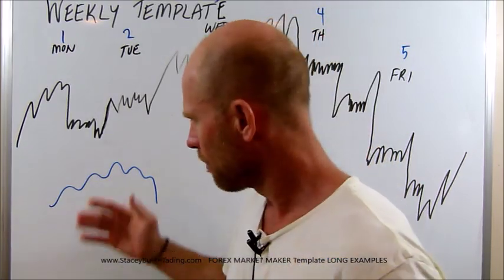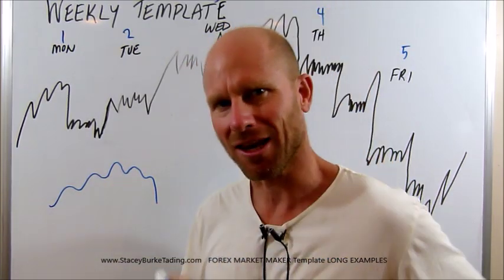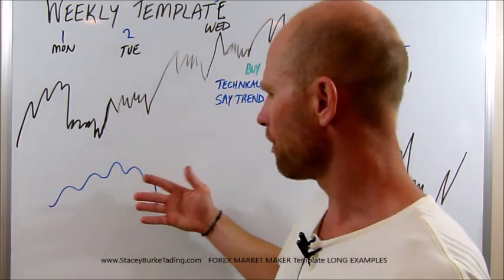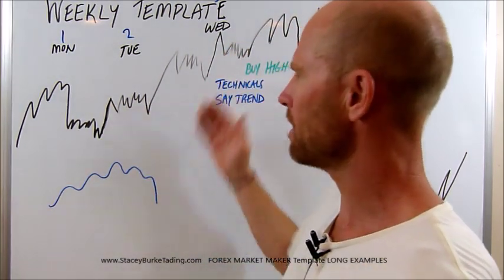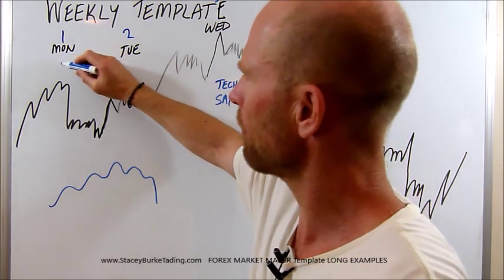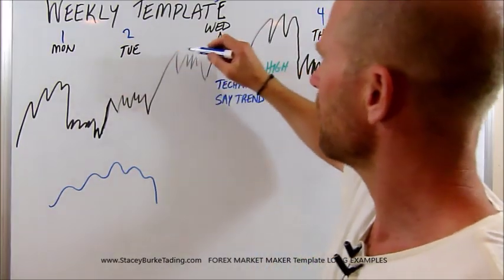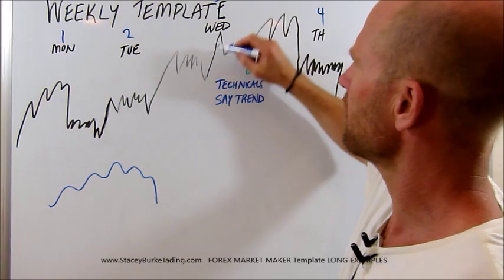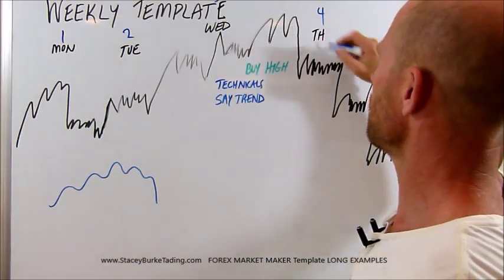Now, what you're going to come across in live time is that there are subtle variations that will present where this could actually be a Thursday and a Friday, and we come into Monday, and Monday continues this into Tuesday, Wednesday.